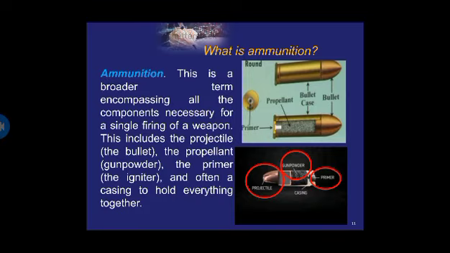Ammunition can also include more complex items like artillery shells, bombs, missiles, and grenades, all of which contain explosives and are designed to deliver a destructive effect. For artillery, ammunition can be fixed, semi-fixed, or separate loading depending on how the components are assembled.